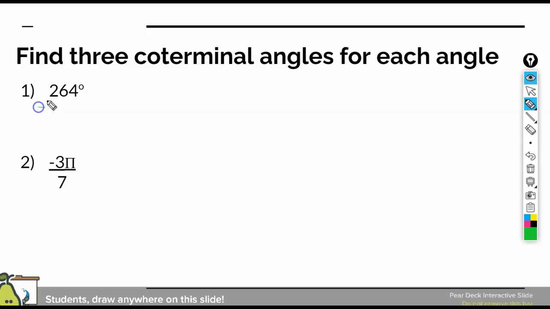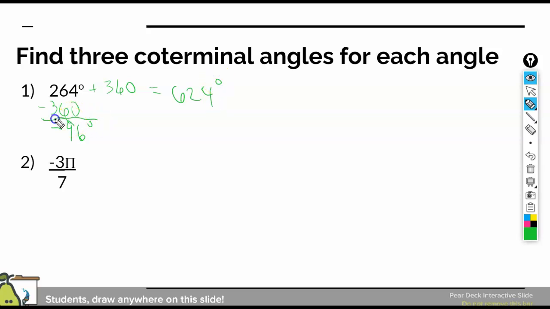So if I subtract 360 from this one, that's going to be negative 96, I believe. So negative 96 would be coterminal with 264. We could add 360 to it. So 200 and 300 is 500, 60 and 64 is 124. So that's going to be 624 degrees.